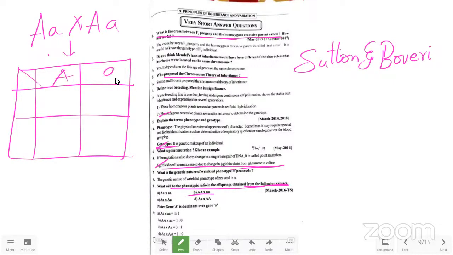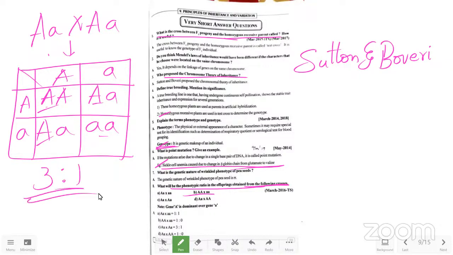Capital A, small a, capital A, small a. Here, capital A capital A, capital A small a, capital A small a, small a small a. That means 3 are dominant, 1 is recessive. 3:1 ratio. Okay. This looks like the monohybrid cross, na, 3:1 ratio.